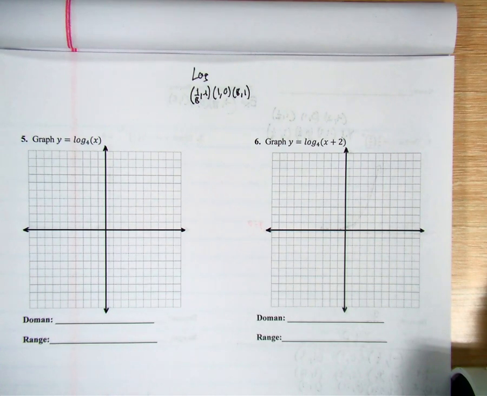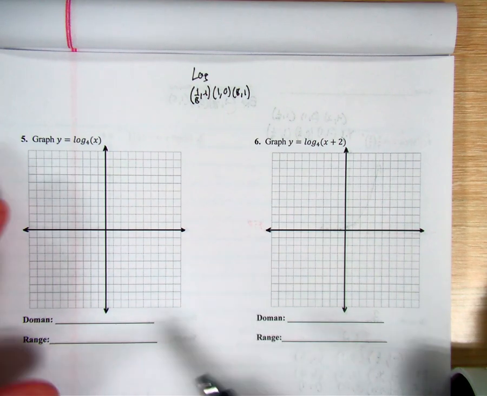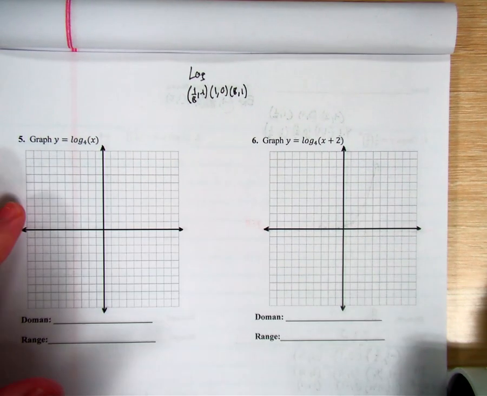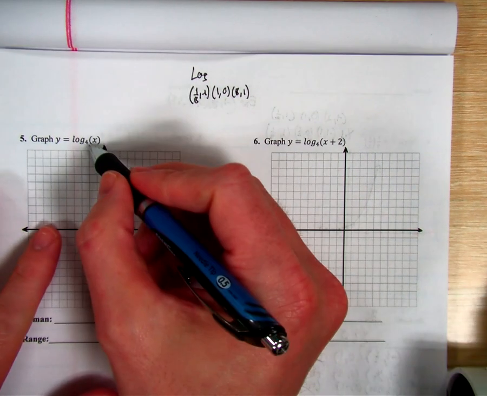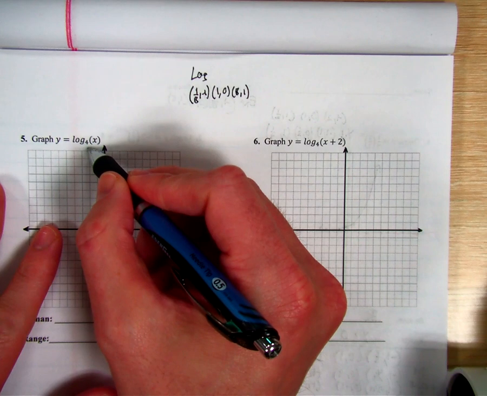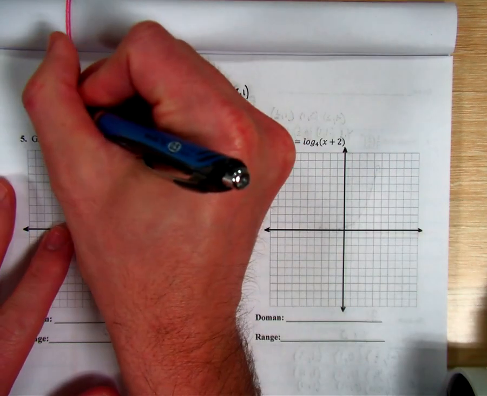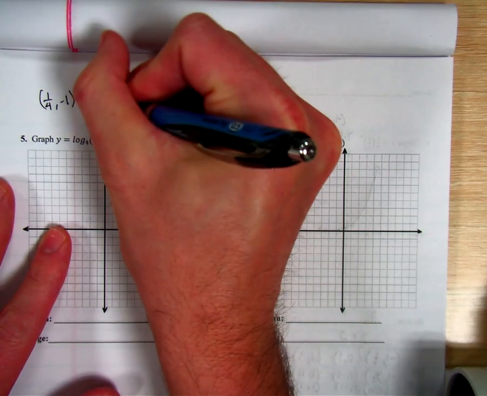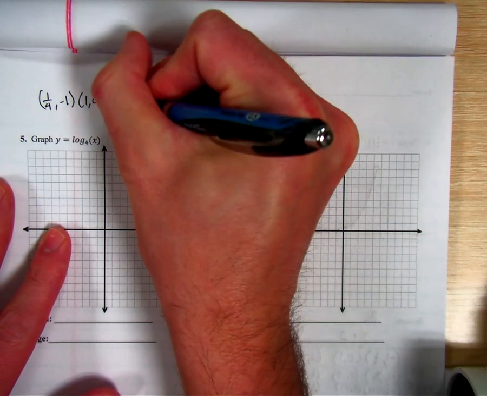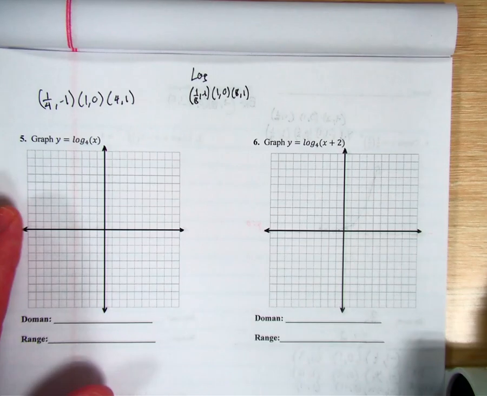Let's see, what would be a good one to do? Well, we could do the basic one here. We'll just keep working on the left. So the basic one here, we have 4 is the base number. So we have 1 over 4, comma negative 1, 1, 0, and 4, 1.